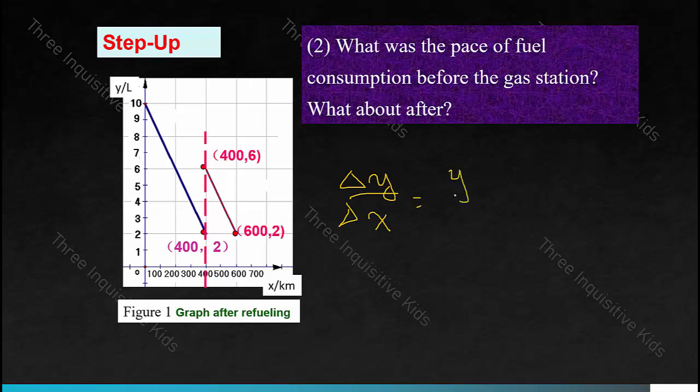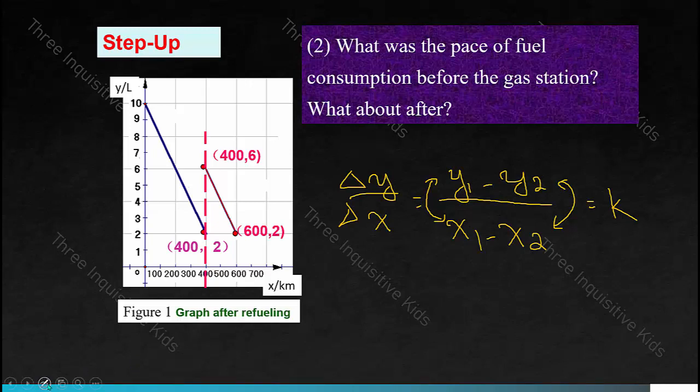This would be the first value of y minus the second value of y, divided by the first value of x, which corresponds to the first value of y, minus the second value of x. And this will give you the slope, or k. This is equal to k. So if you have a notepad nearby, I recommend jotting this down. This will be helpful, especially for later.